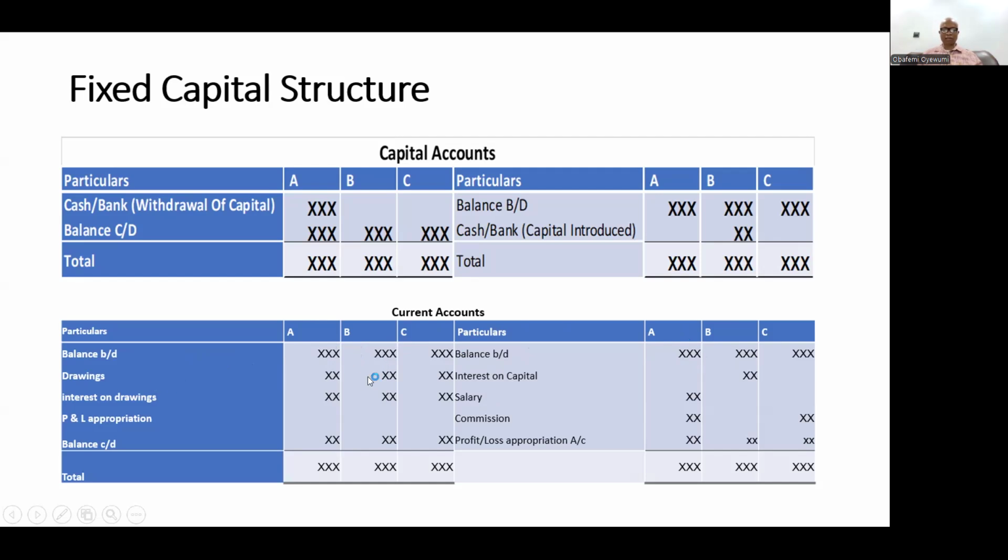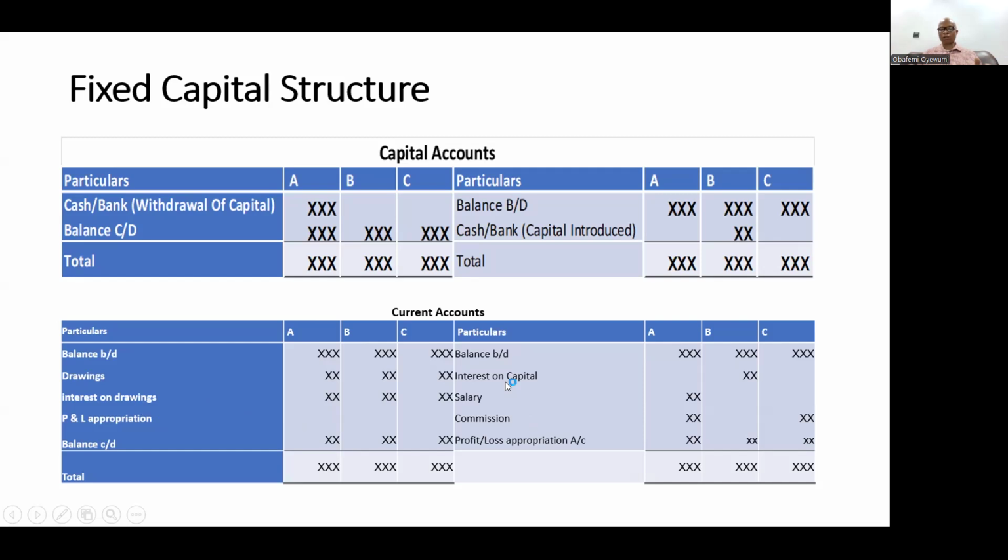So we have drawings. Then we have interest on drawings. We have P&L appropriation. In the event that you appropriate your P&L, we're going to talk about appropriation later, when it results in a loss, then you're going to have a debit entry here.